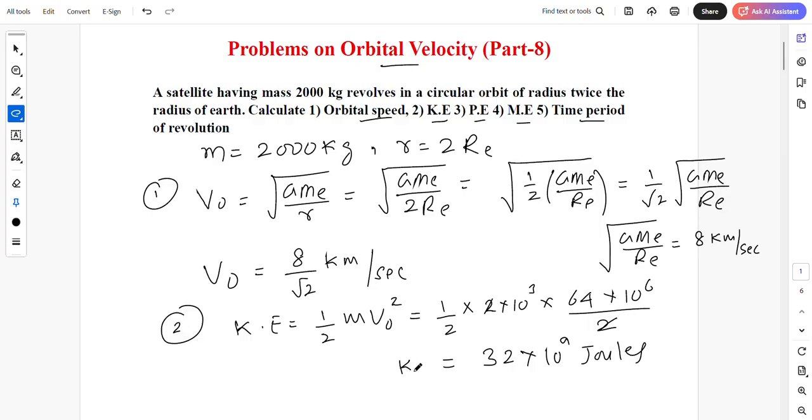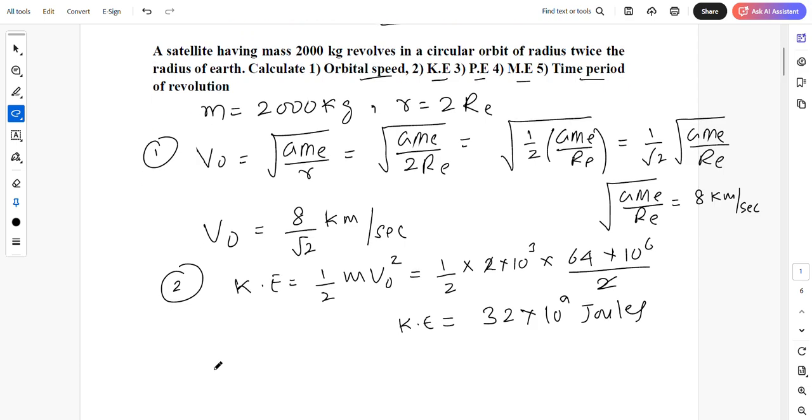That is kinetic energy. Now we are supposed to calculate potential energy and mechanical energy or total energy. We have the relation between kinetic energy K, potential energy and total energy.